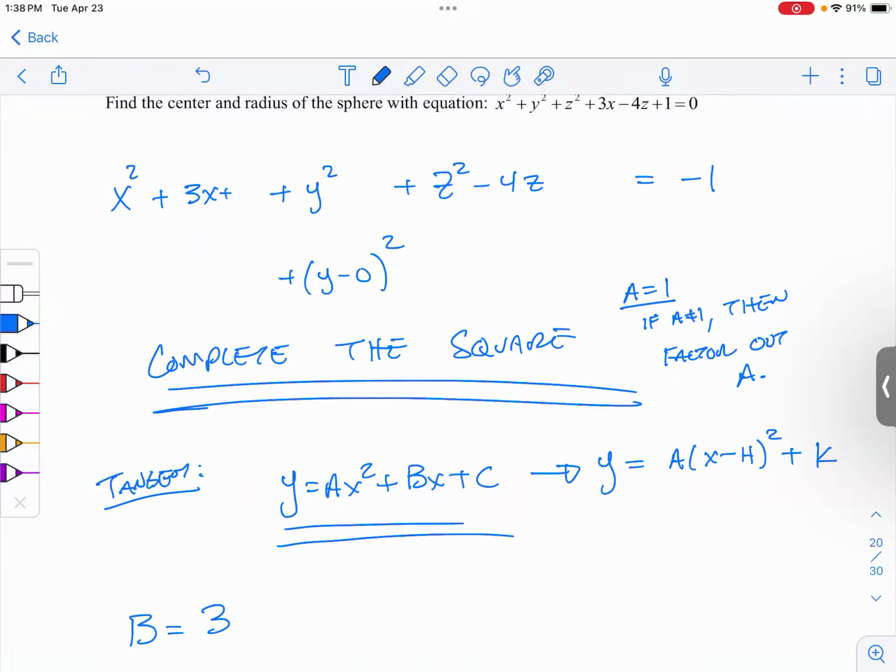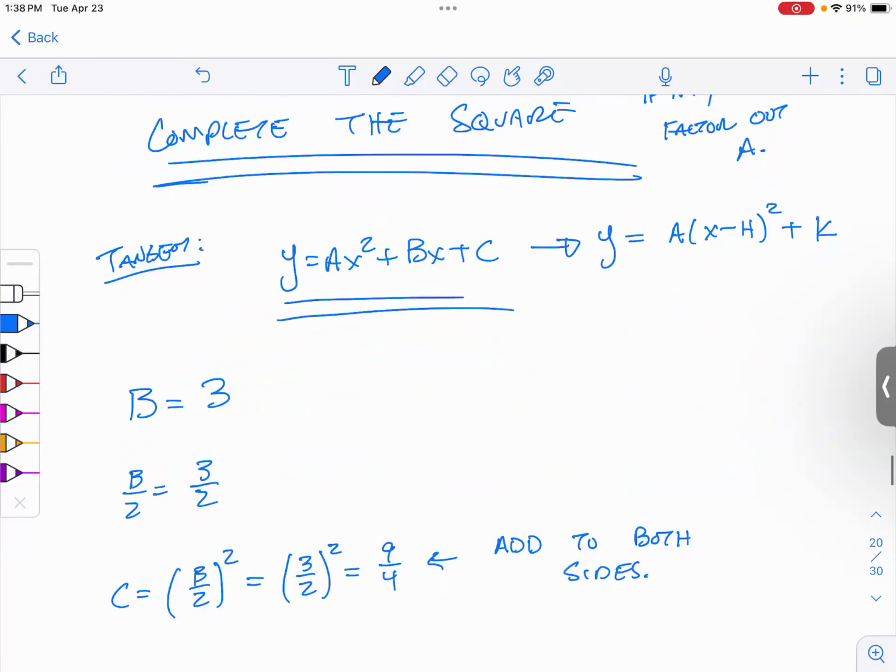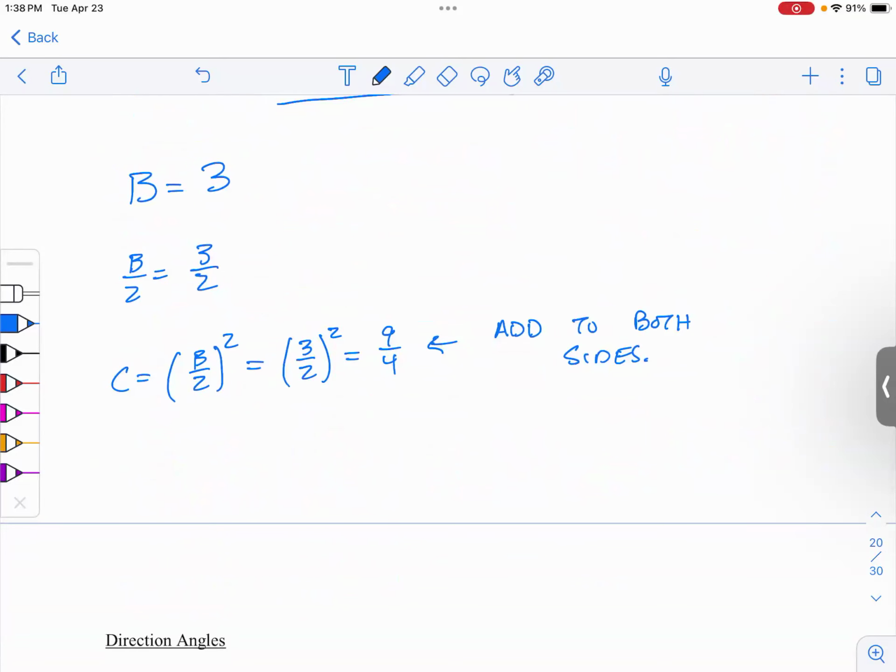So I'm going to add 9/4 to this side and add 9/4 to this side. So again, I'm not changing anything. If you do it to one side, you do it to the other, nothing changed. Okay, good. That one's done, and we're going to come back to that in just a minute. So now let's do the z's.